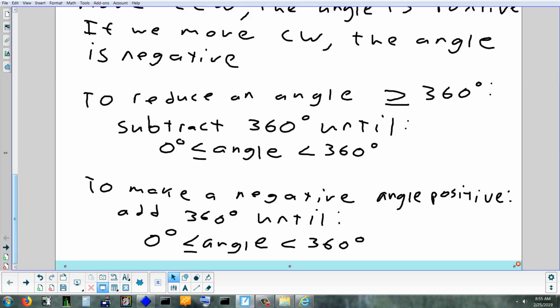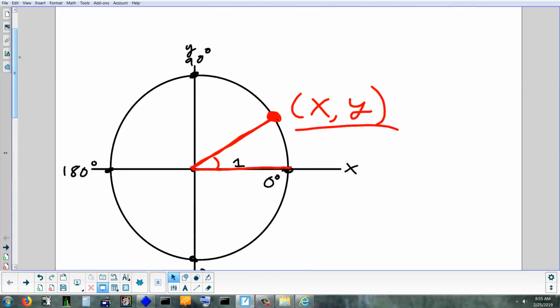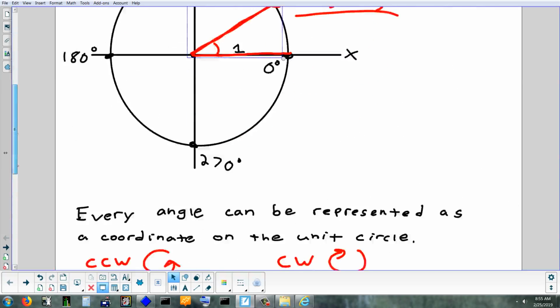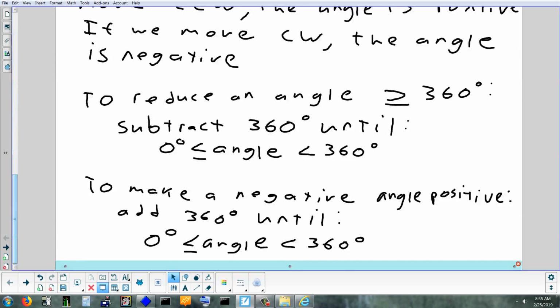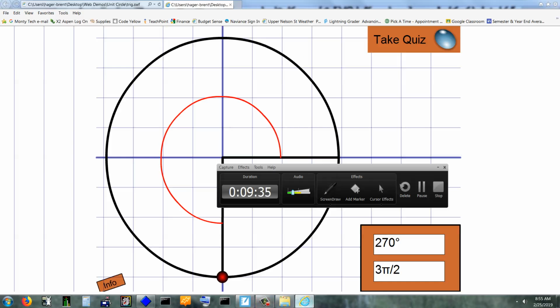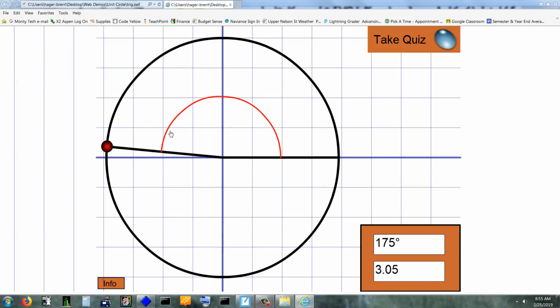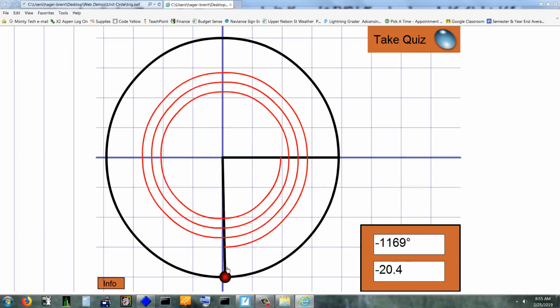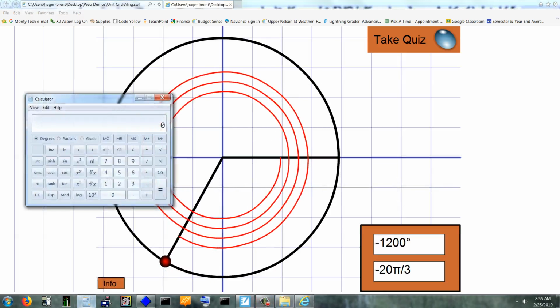Okay, so let's say somebody asked me to draw the angle or figure out the coordinate for negative 1200 degrees. Off the top of my head, I'm not sure what negative 1200 is. I can do it on here and figure it out. So negative 1200 is right there. Okay. But if I would have just taken the calculator and said, okay, since I don't want to deal with a negative angle, I'm going to add 360.